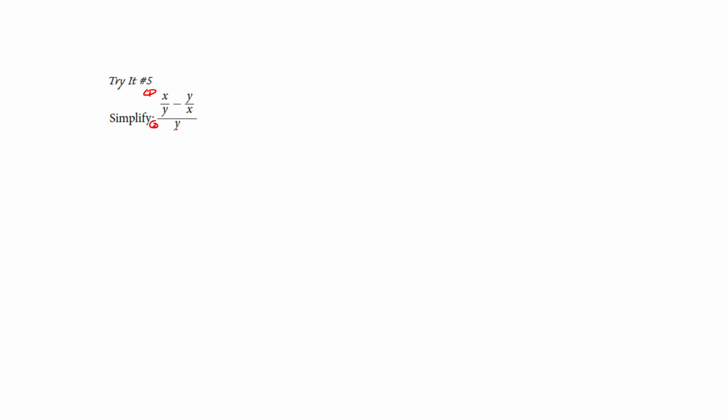Now the bottom is done, so all we've got to worry about here is the top. Now they need to have the same denominator, so I'm going to give him an x. I give it to the bottom, I've got to give it to the top. He needs a y. If I give it to the bottom, I've got to give it to the top. Now, what is this? I've got x squared minus y squared.